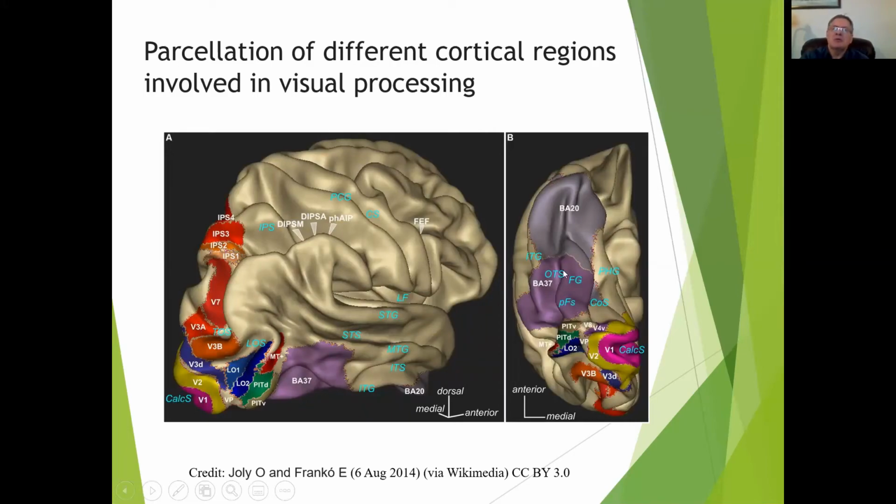This is an inferior view of the brain, looking up at it, the temporal lobe and the occipital lobe here, and all these areas involved in visual processing. And so how is information from all these distinct regions, 30 or more, involved in specific aspects of visual processing, for example, shape, color, motion, depth, integrated into a unified and correct representation of the external object?